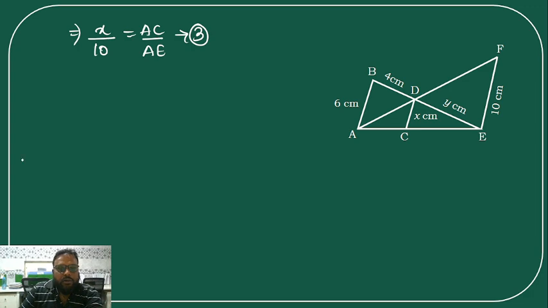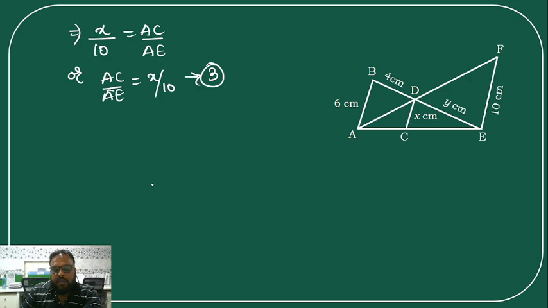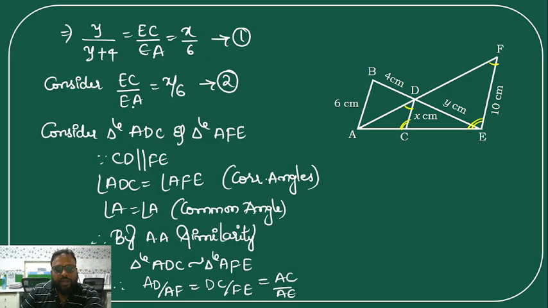We can just write AC by AE is equal to X by 10. Now name it as equation 3. Now add equation 2 and equation 3.